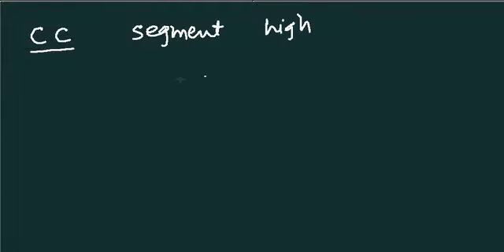So, the common cathode display we are studying, and the combination we are going to study is segment lines are active high and digit select lines are active low.